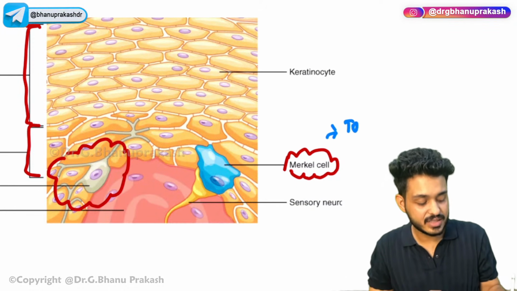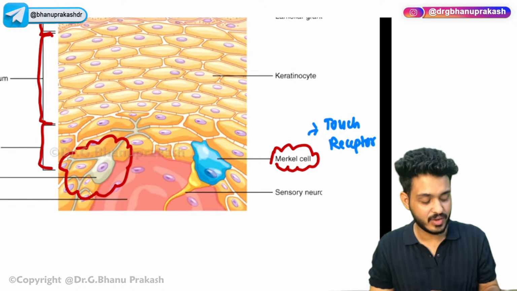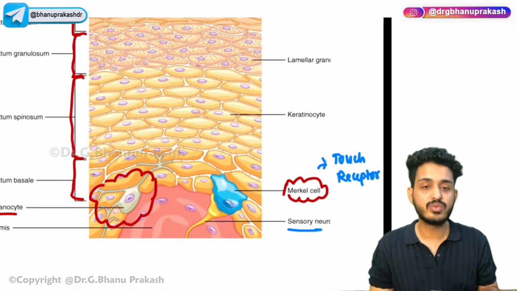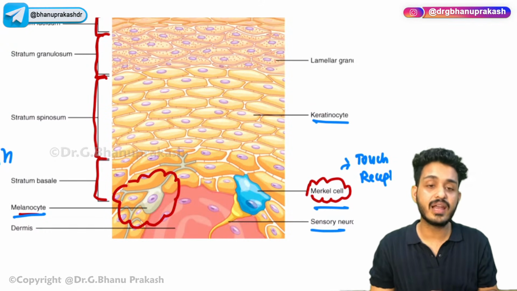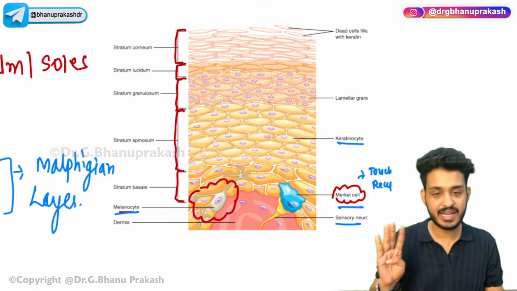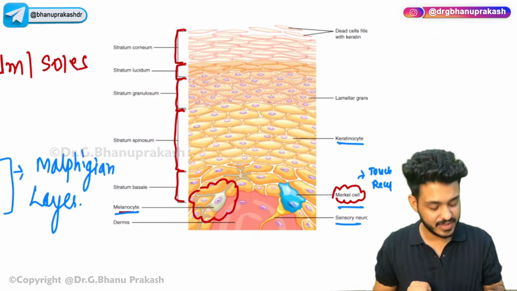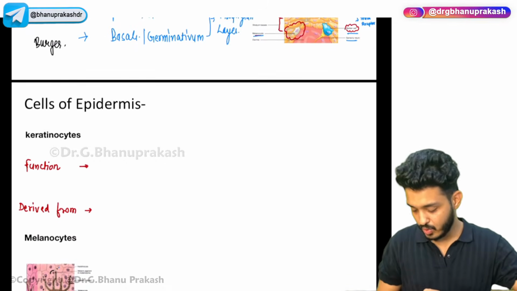They are touch receptors, guys. And this is a sensory neuron. So we have keratinocyte, melanocyte, Merkel cell, and one more cell, the Langerhans cell. So basically we have 4 cells. We will discuss all the cells one by one.